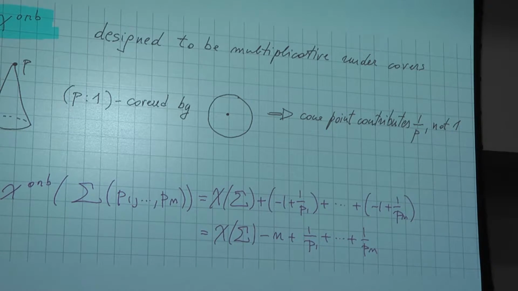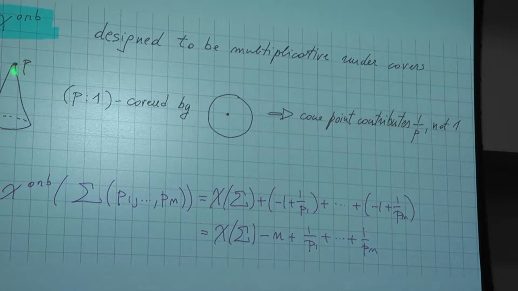And now we have a notion of orbifold Euler characteristic, which is designed to be multiplicative under covers. If you have a cone point of order p, it is p to 1 covered by a disk. This vertex, which contributes 1 to the Euler characteristic of sigma, has to contribute 1 over p times the contribution of this point to the Euler characteristic of the disk.